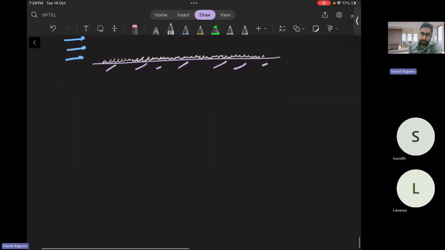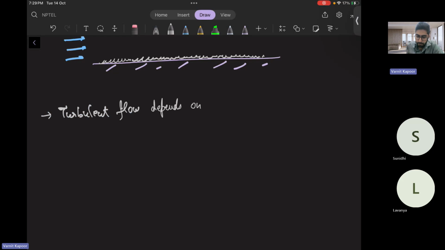Whereas when we come to the turbulent flow, it depends on the surface roughness and smoothness.